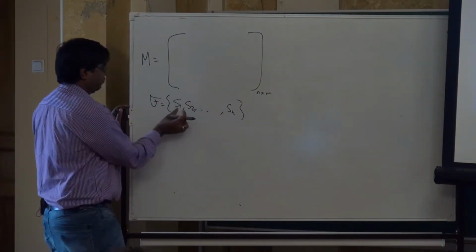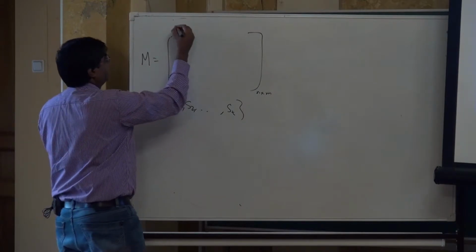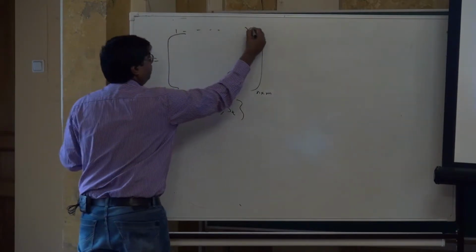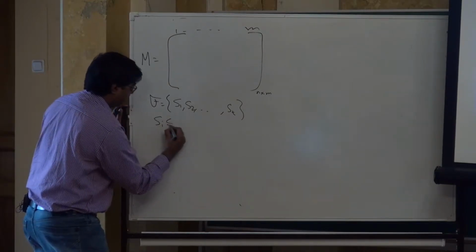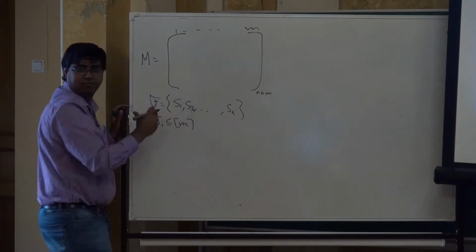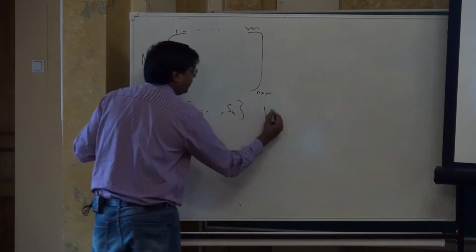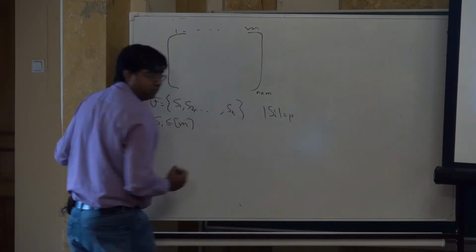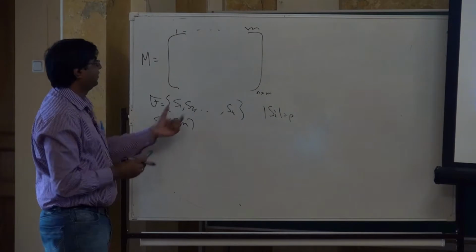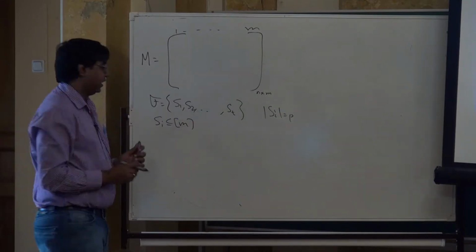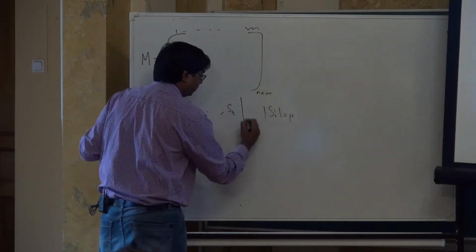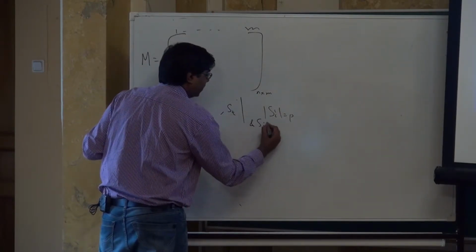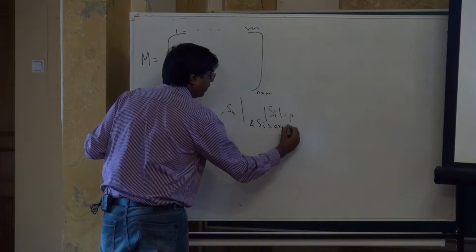Think of it this way: 1 to n are the columns, and each S_i is a subset of 1 to n. What is the size of each S_i? It is equal to p. So basically, these S_i are some p-sized sets of columns. And what more? The S_i are linearly independent.